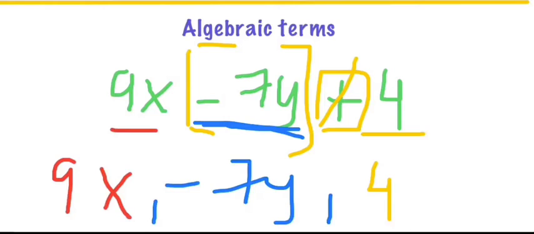So now they are separated. Now this is 9x, this is minus 7y, and this is 4. So now these all are separated, and I'm just writing down. Whenever you are writing, you should write that term 1 is 9x, term 2 is minus 7y, and term 3 is 4. So this is the way how you are going to solve this.